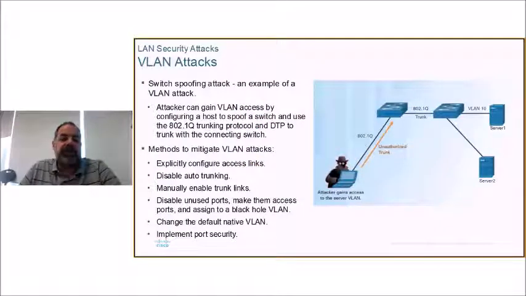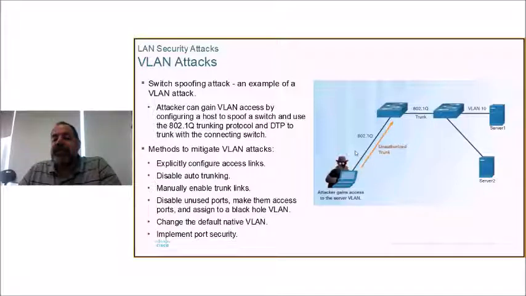Now VLAN attacks. Remember when we did dynamic trunking protocols, the first thing I said was, that's wonderful, but there are security issues. This is what we're talking about today. You can have a host pretend it's a switch and then set up a trunk port between it and the switch if it's in a dynamic mode.